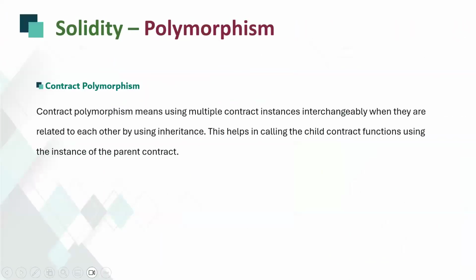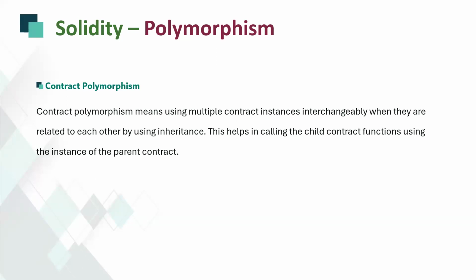Now let's talk about the second type, which is contract polymorphism in Solidity. This refers to the ability to interact with different contracts using a unified interface or base contract. So you can define a base contract with common functions or properties, and then create derived contracts that inherit from the base contract.